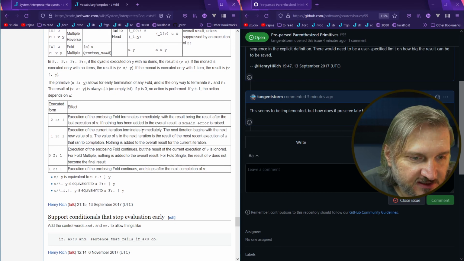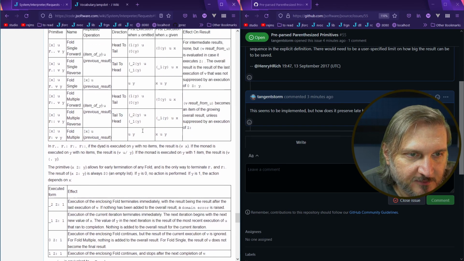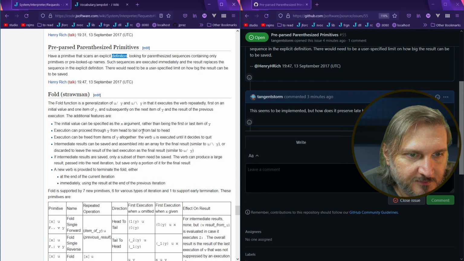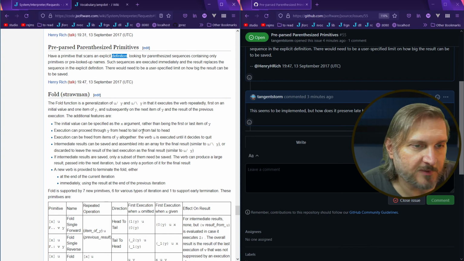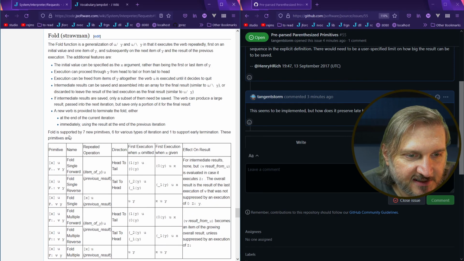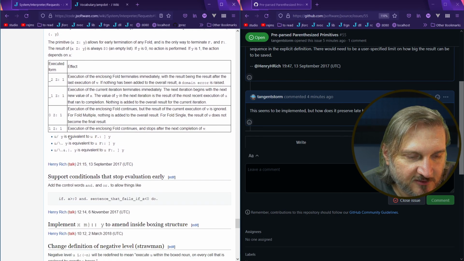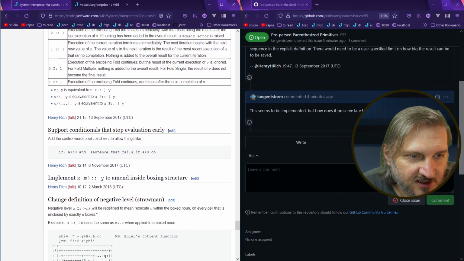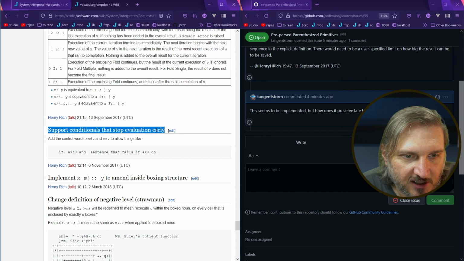Fold is implemented. I skipped over the explicit definition. I'm going to skip over fold. Fold is implemented, or the direct definition. So I'm going to skip over this.